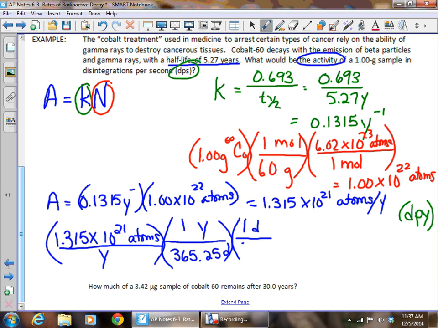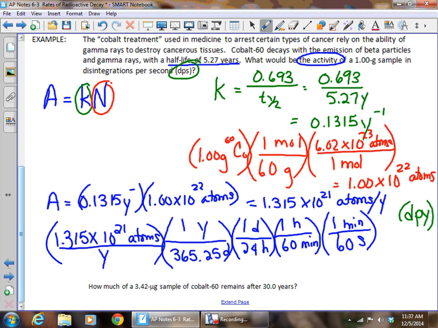1 day for every 24 hours, 1 hour for every 60 minutes, and 1 minute for every 60 seconds. As we look here, we can see that our years have canceled, our days have canceled, our hours have canceled, and our minutes have canceled.